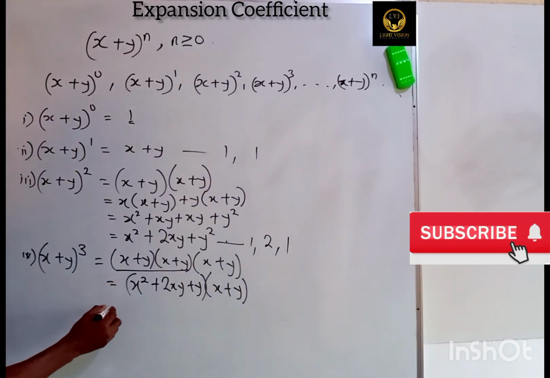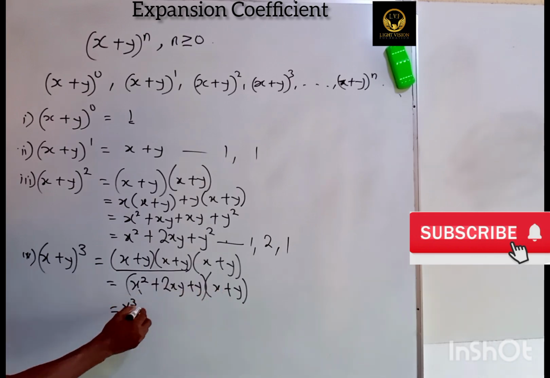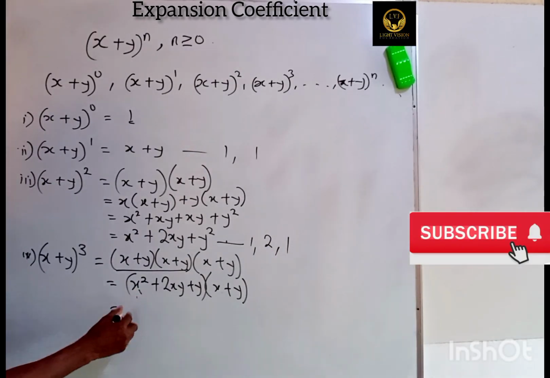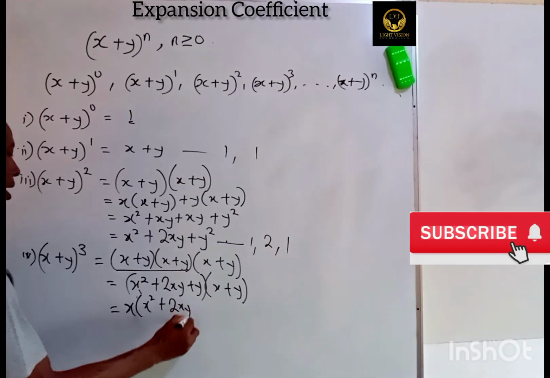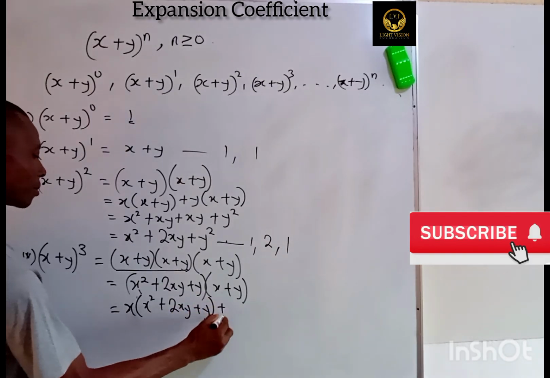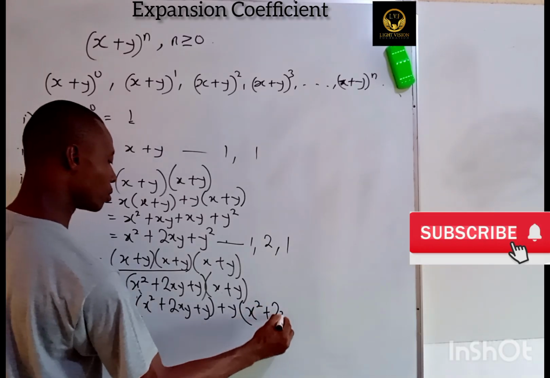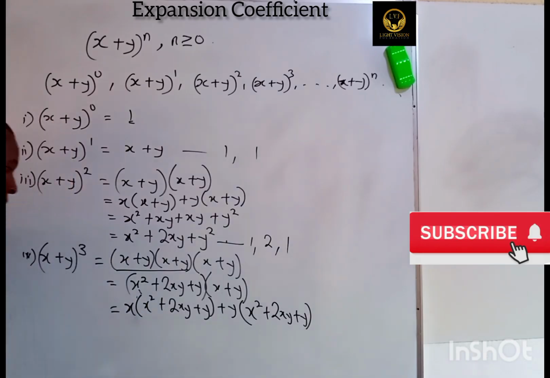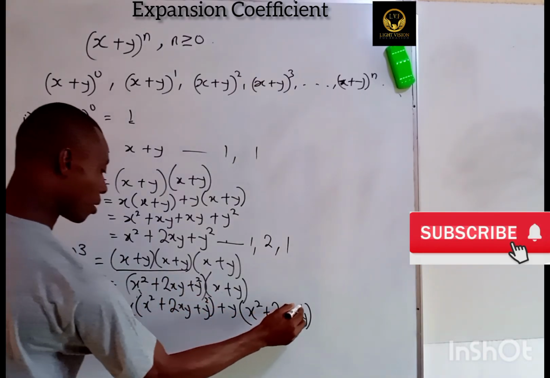Now when we expand this, we can decide to expand this one. Here we have x into x squared plus 2xy plus y squared, then plus y into x squared plus 2xy plus y squared.